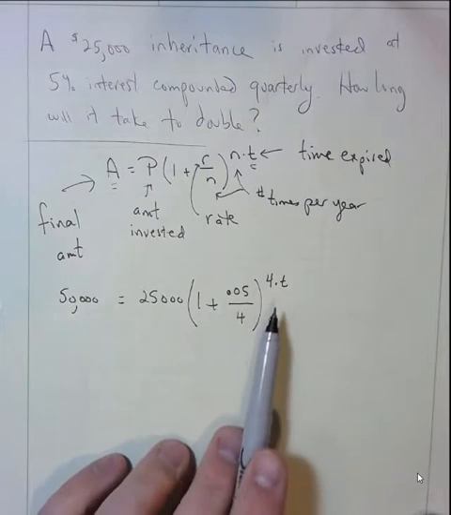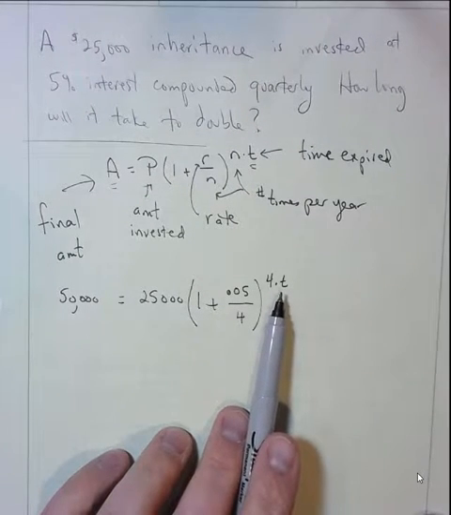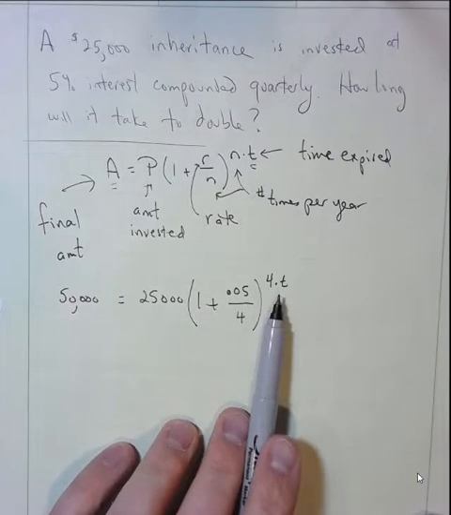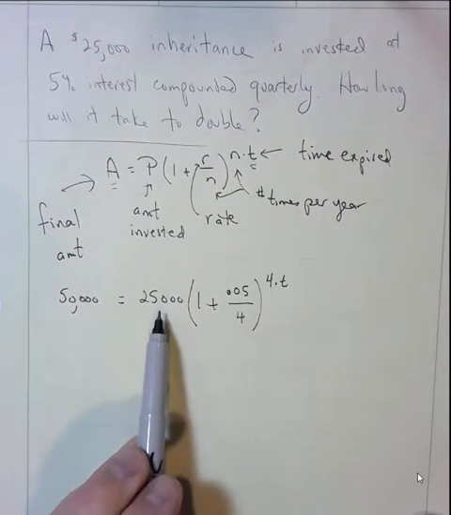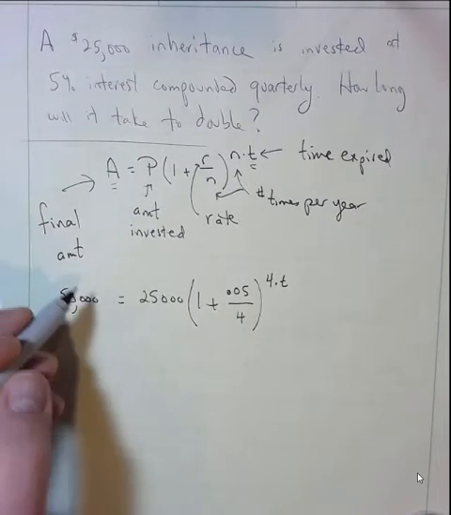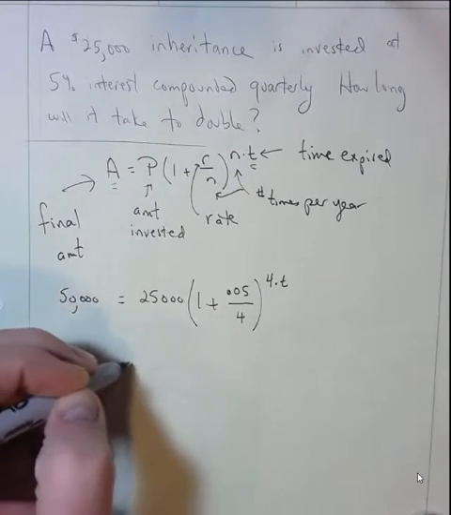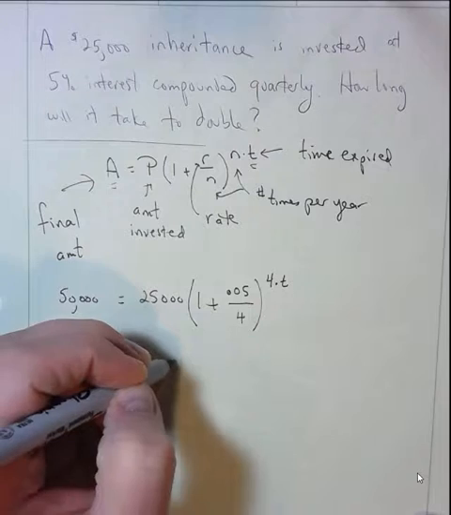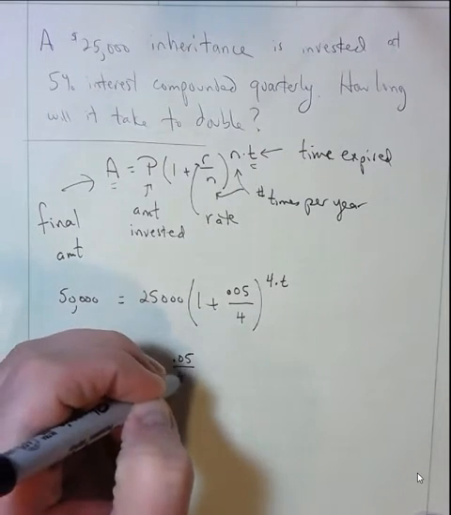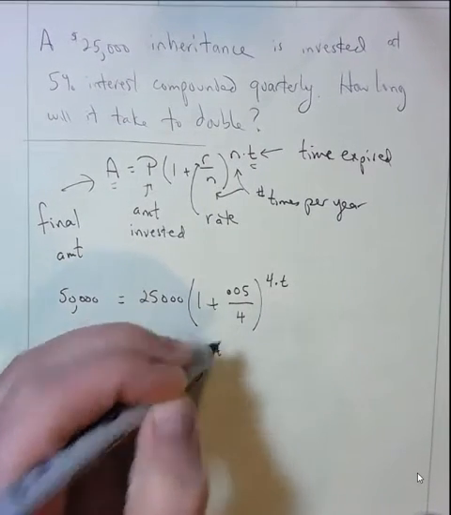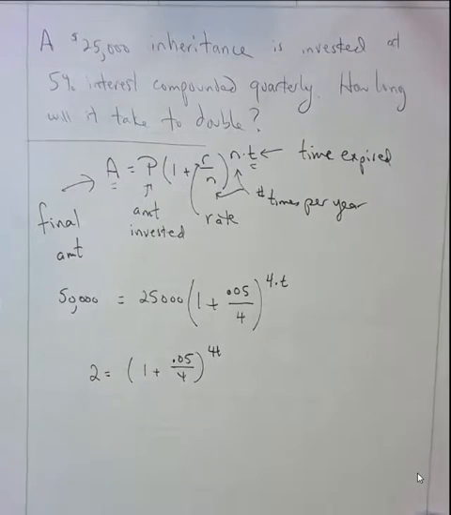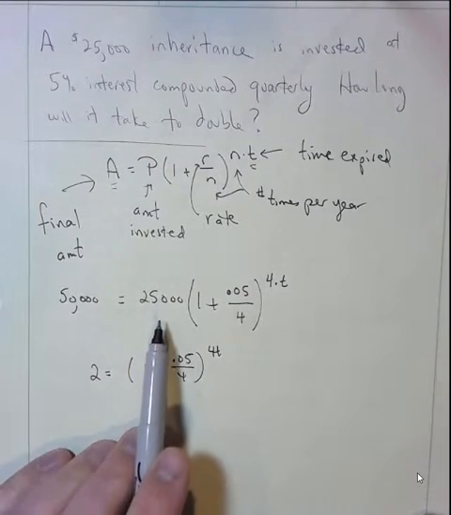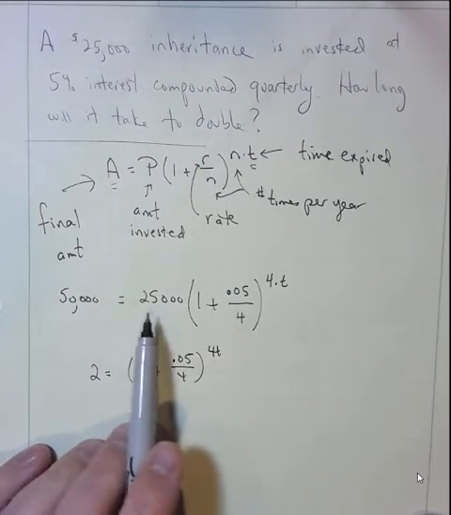Of course, to solve for t, that's a little more interesting here because t is the variable and it's up in the exponent, and so we have to dig it out. Well, the first thing we might want to do is divide both sides by 25,000, which will leave us with just a 2, like so. And notice, actually, that it didn't matter ultimately what the initial investment was.